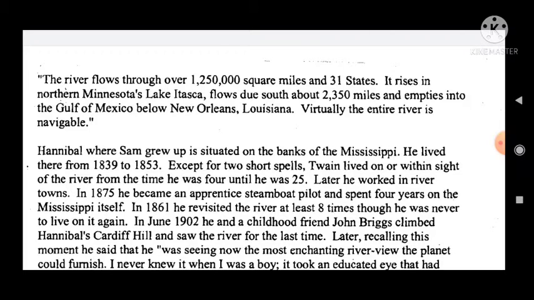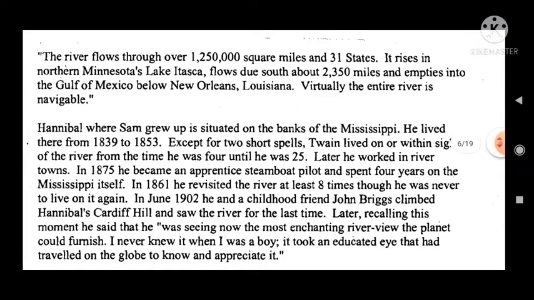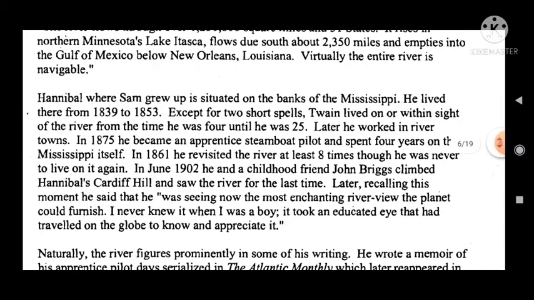It rises in northern Minnesota's Lake Itasca, flows due south about 2,350 miles and empties into the Gulf of Mexico below New Orleans, Louisiana. Virtually the entire river is navigable.